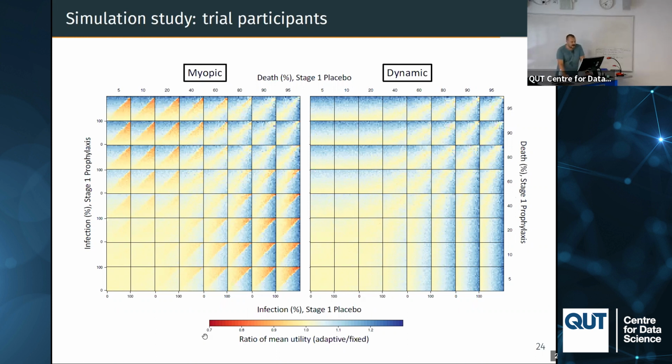And that can go down as far as a 30% decrease for the trial participants. So here we assumed that there were 2,000 participants in the trial, and we made adaptations to the trial. So we changed the way that people were randomised 4 times over the course of the trial.